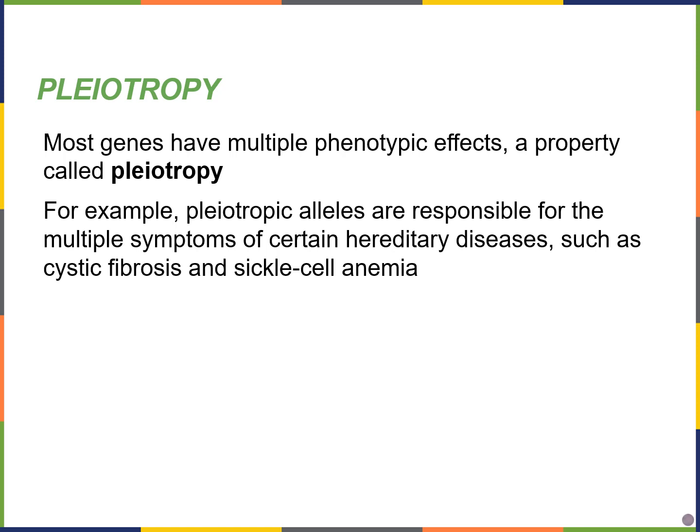Most genes have multiple phenotypic effects, and this is known as pleiotropy. One example of this is cystic fibrosis, where there's a mutation in the gene that encodes chloride channels (Cl) in the body. The phenotypic effects include coughing and much more mucus in the sinuses and in the lungs.